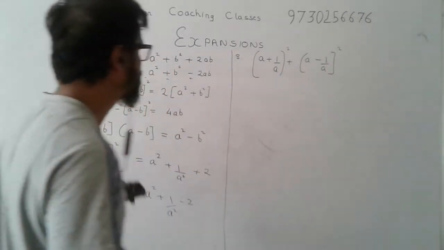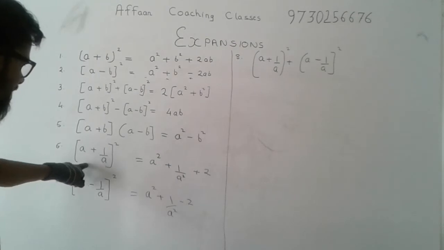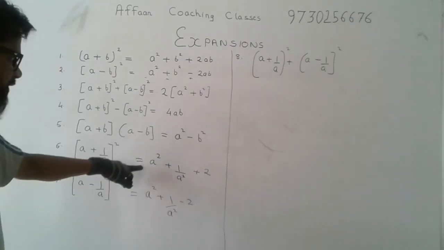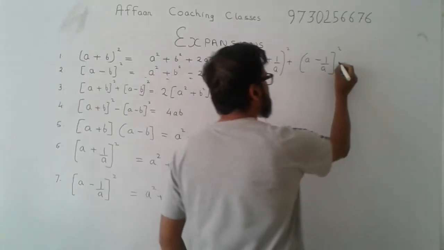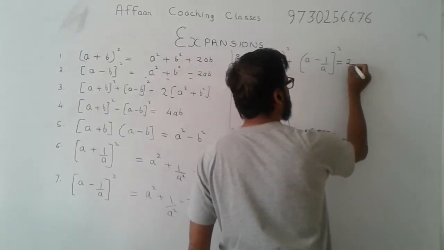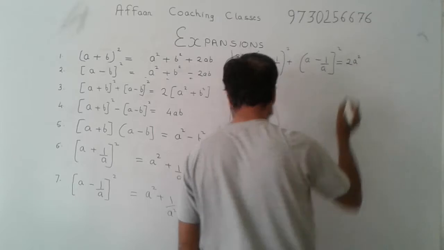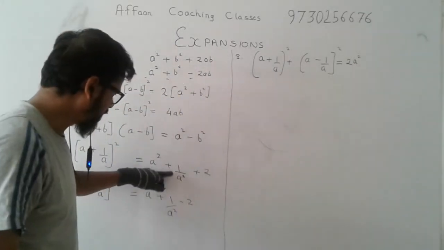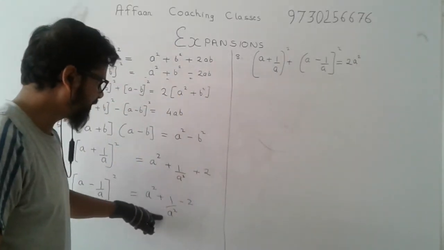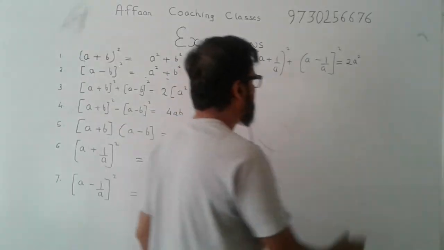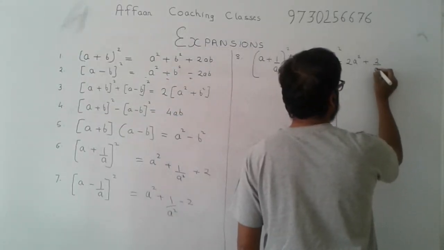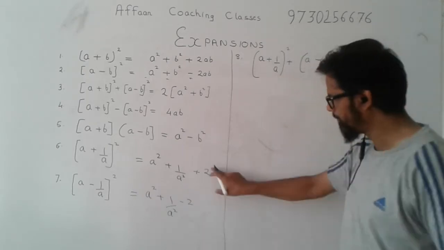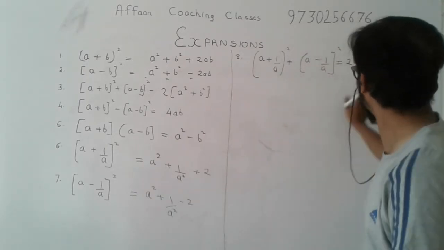Clear? Now you are adding these two formulas. So again you have a square plus a square, that you will get as 2a square. Plus 1 upon a square plus 1 upon a square, and you will have plus 2 and minus 2, which will become 0.